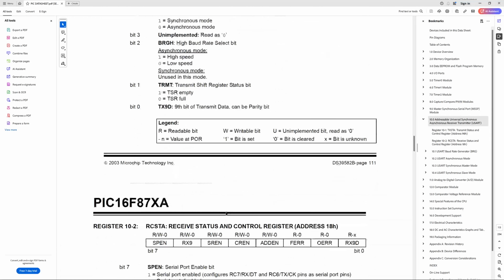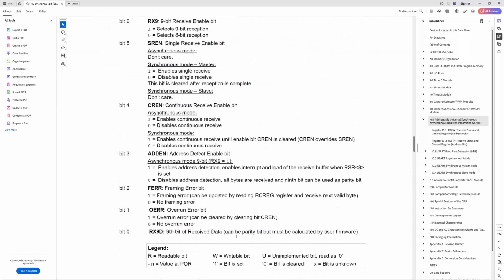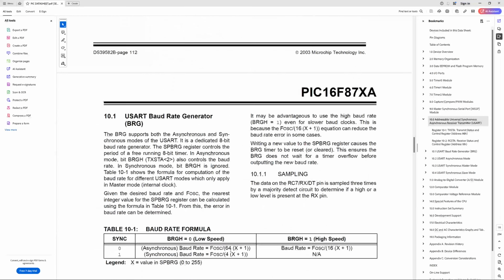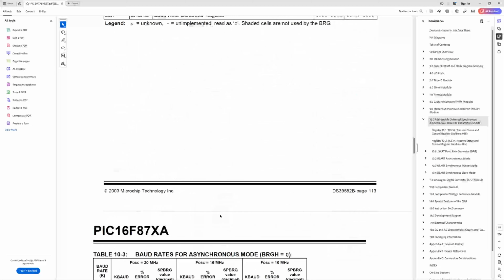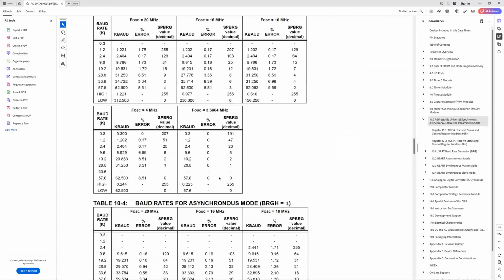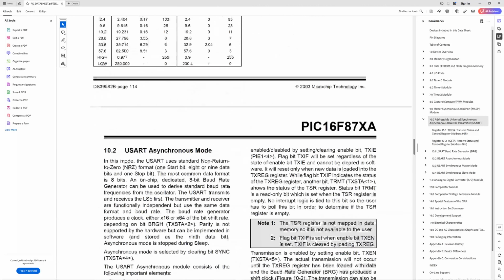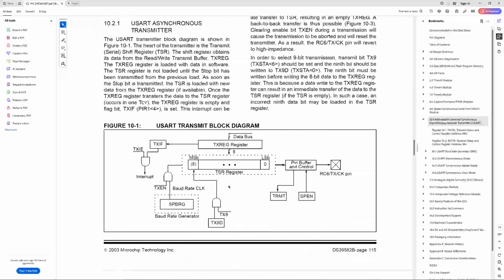TXEN is a particular flag. You can see it inside that block diagram. So everything is connected. If you want to know a peripheral in detail, you need to read the data sheet in detail. So here you can see TXEN. If this particular bit is enabled, then based on the baud rate, a shifting clock will be generated.